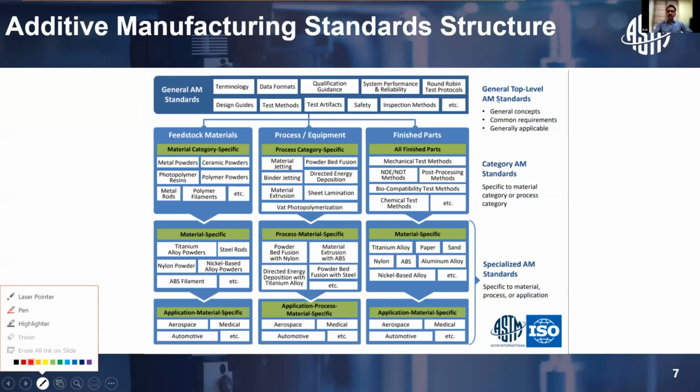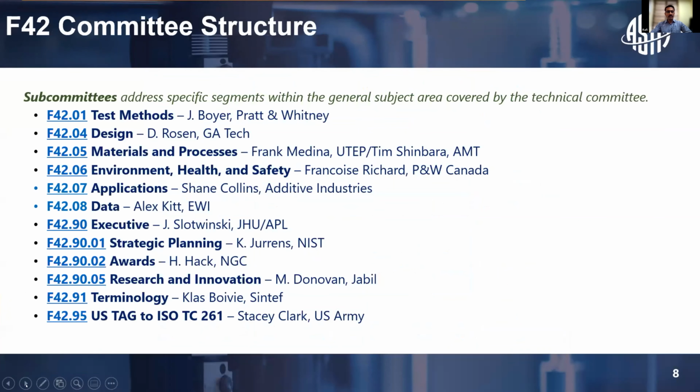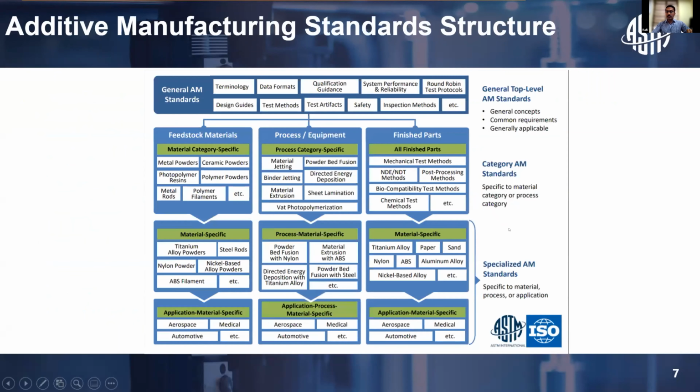Here you can see general top level AM standards. And the second category is specific to a material or a process. And the last category is AM standards specialized on materials and applications. So if you see here in the first one, you can see terminology, data formats, qualification guidance, safety, inspection methods.